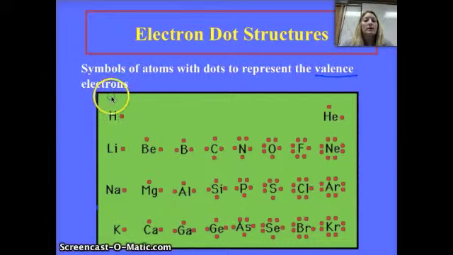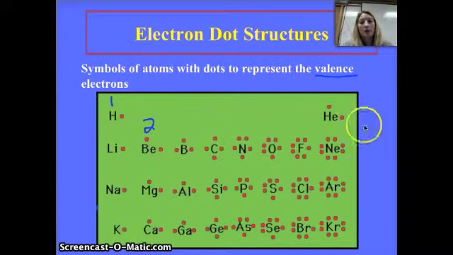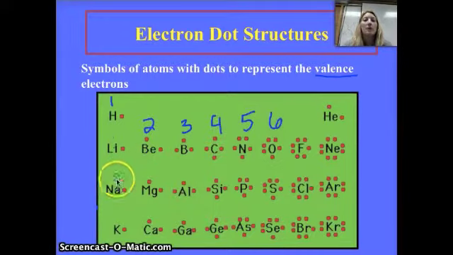So we know that in this 1A row, this first row, here's our second row, here's row three, as we get to the other side into the p's, we know that these always have 3, 4, 5, 6. So remember from our talks before, valence electrons in the first row, everybody has 1. So we show the symbol and we give it 1 dot. That 1 dot shows the 1 valence.